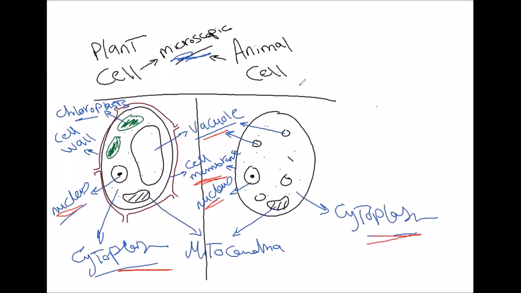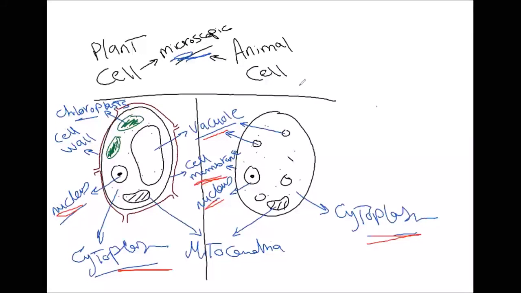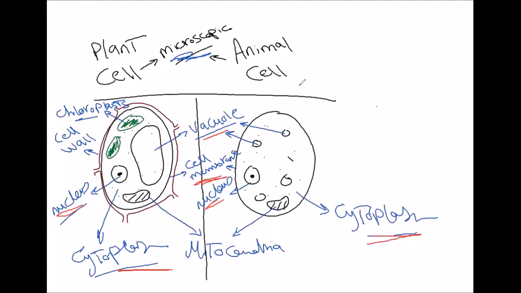We store food, water, and sometimes the waste of the food, like the leftovers, right? In the case of cells, it's waste that we will get rid of when we learn more about the systems. So the vacuole is a storage place that stores food, water, and the waste.